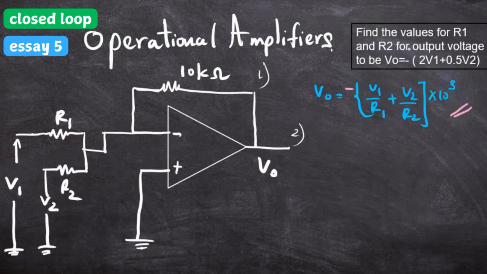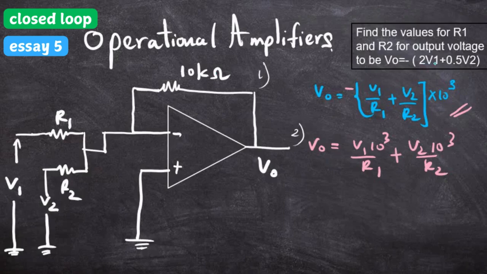Second part of the question: find the values of R1 and R2 for the output voltage. Let's apply our values now. V naught equals, multiplying 10 to the power 3 in, V1 into 10 to the power 3 divided by R1 plus V2 into 10 to the power 3 divided by R2.